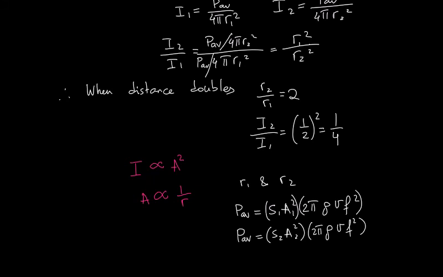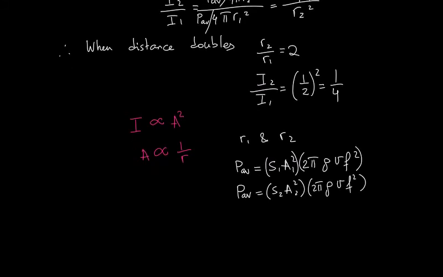If we make these left parts equal to each other, then the right parts lead us to S1 A1 squared equals S2 A2 squared. Remember, A1 and A2 are the amplitudes, and S1 and S2 are the surface areas, where S1 equals 4 pi r1 squared and S2 equals 4 pi r2 squared.